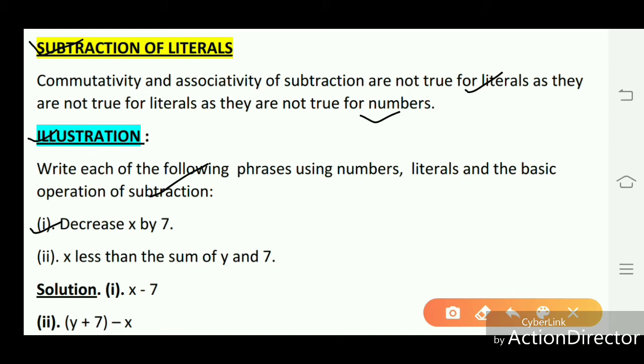So here we write in the solution x minus 7. Now example number two: x less than the sum of y and 7. So here first we add y plus 7 in the solution and subtract x. So here we write (y plus 7) minus x.